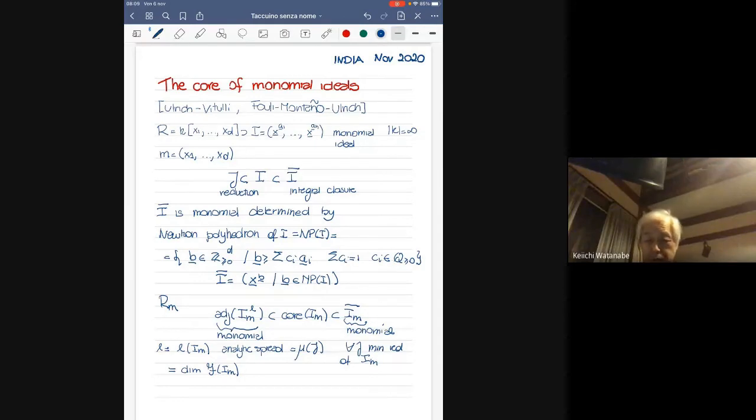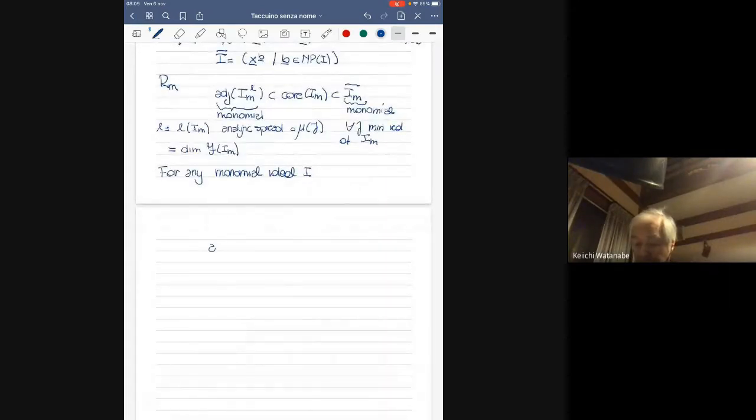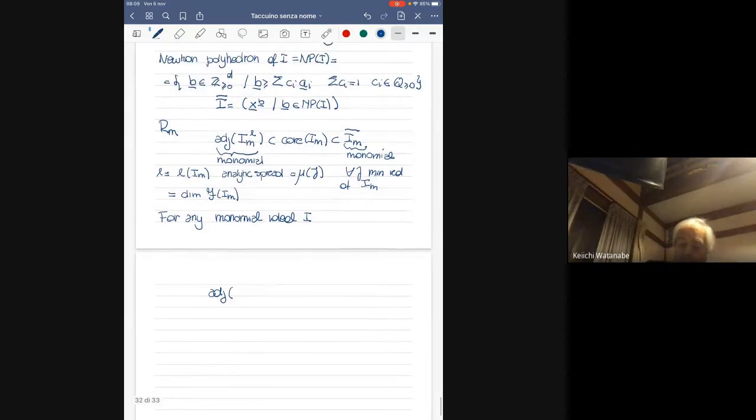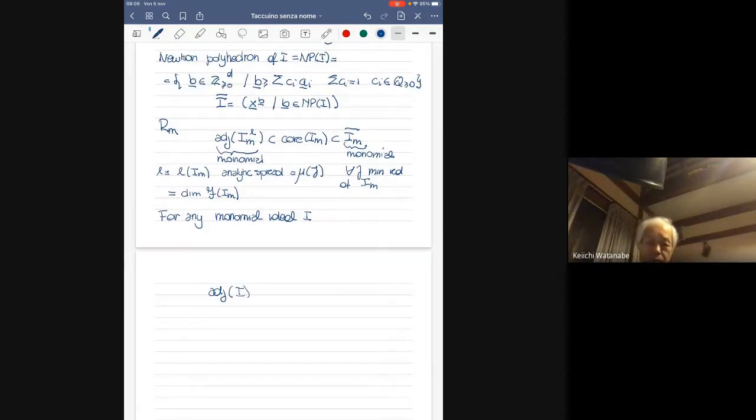Actually, for any monomial ideal I, the adjoint of I is monomial, determined by the interior of the Newton polyhedron of I. I'll denote it like this, the interior of the Newton polyhedron of I.